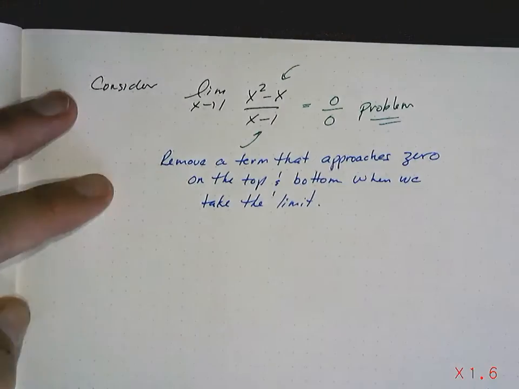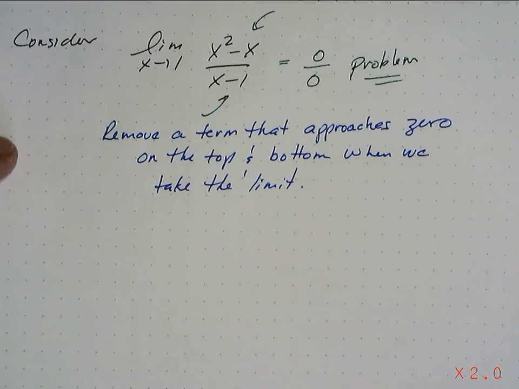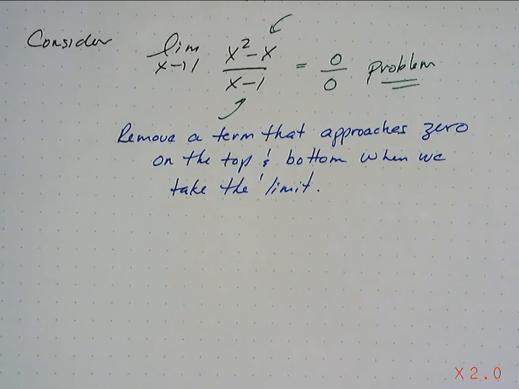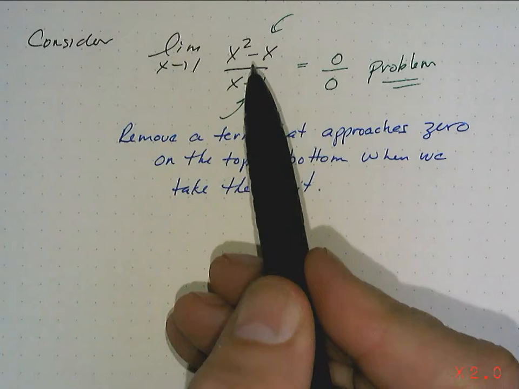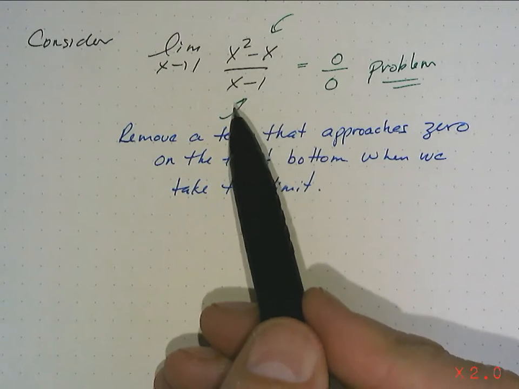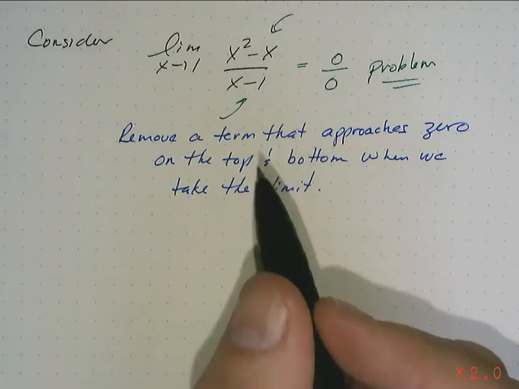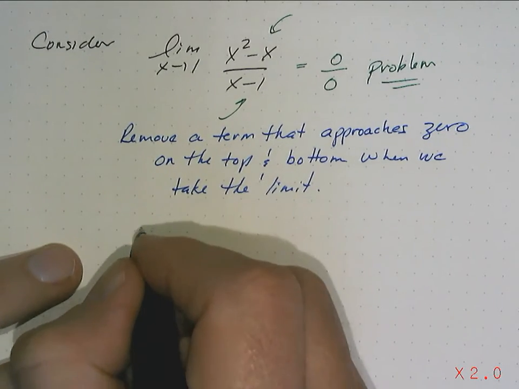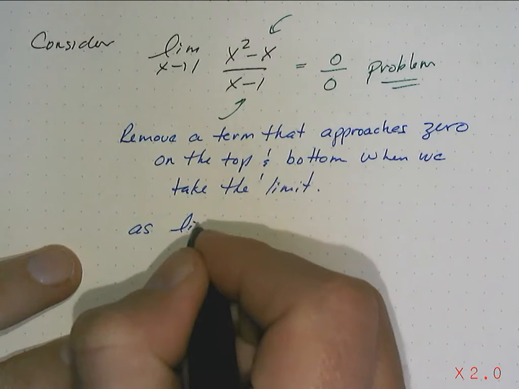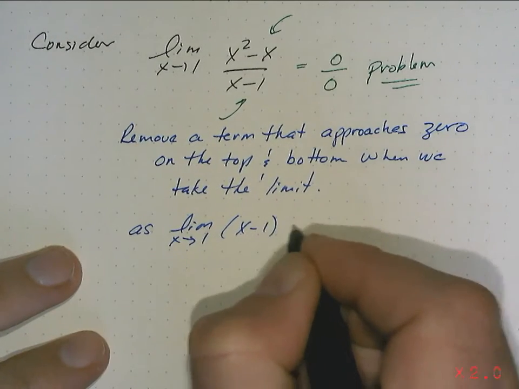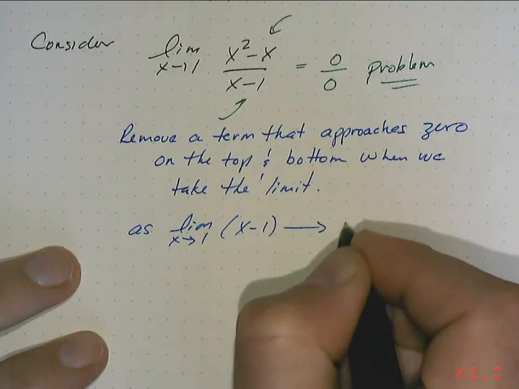So that's my strategy. I want to remove some term that's going to approach 0 when I take the limit from the top and the bottom. Well, the top term approaches 0, definitely, but so does the bottom term, x minus 1. So as the limit as x approaches 1 of the bottom term, this approaches 0.